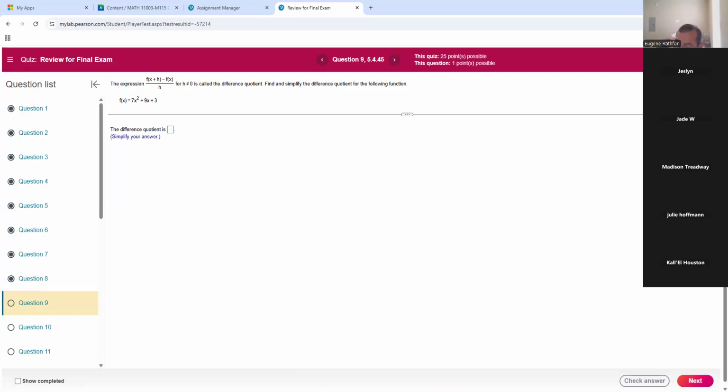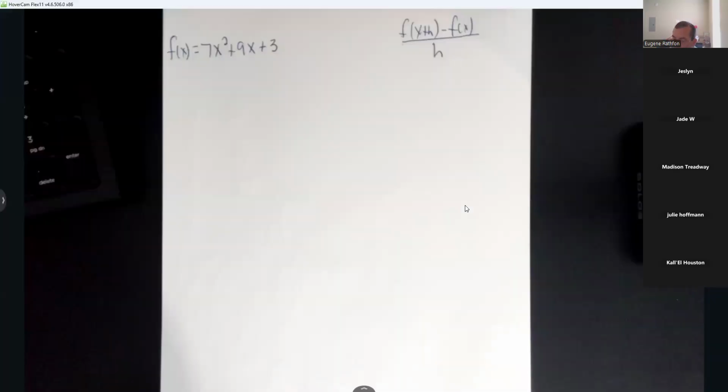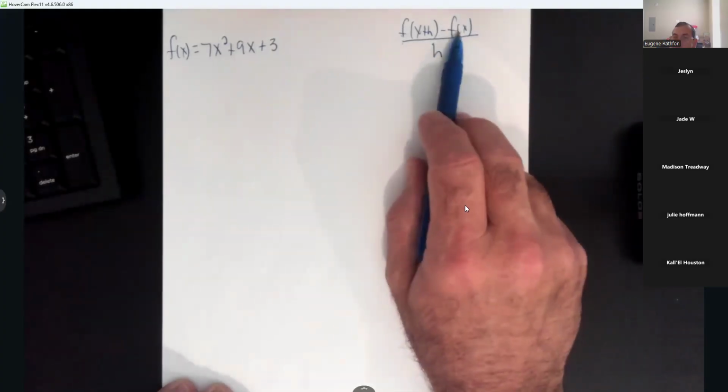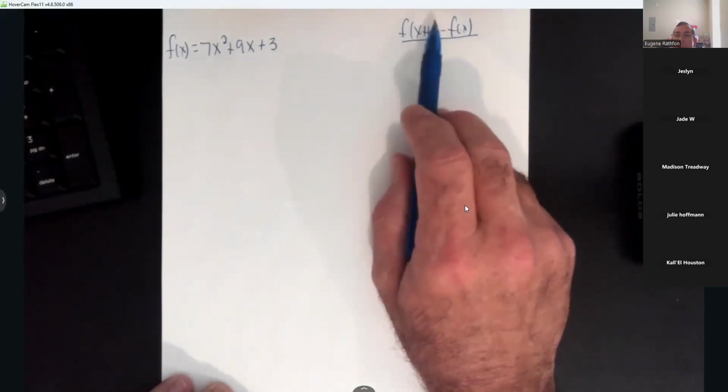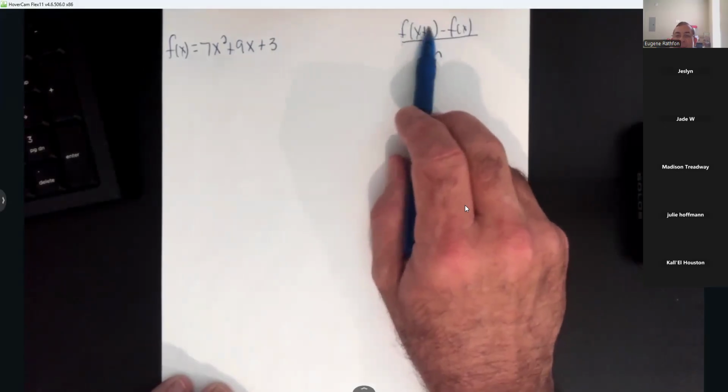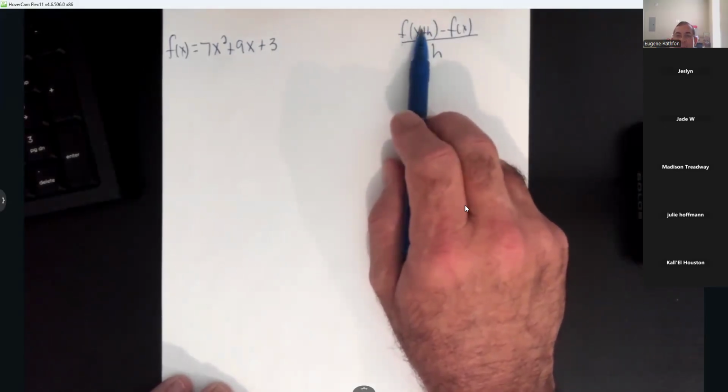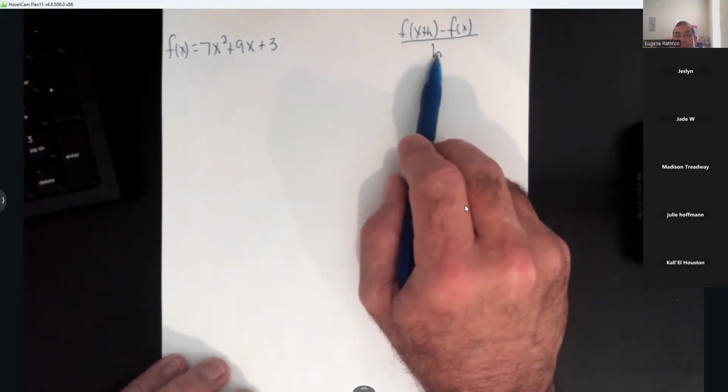Now, my function they're giving me, f of x equals 7x squared plus 9x plus 3. Alrighty, so this one is definitely a by-hand one here. Cannot do this one on our calculator, so we got f of x, which is the second part of the formula. We got to find f of x plus h so that we know what we can put here. And it's always got an h on the bottom, okay?